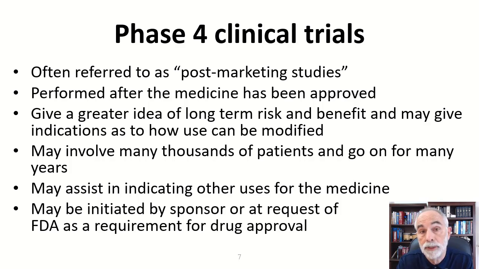Okay, this would be compared to placebo, for example. And here's the important thing to remember: until the drug is approved for that additional indication, the sponsor cannot even suggest to a provider, a physician, that the drug is useful for that indication. It's a little bit tricky how that actually turns out in practice, but that's the idea of a phase 4 clinical study.